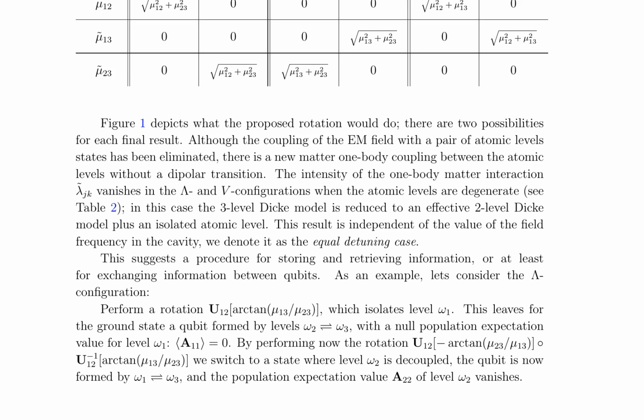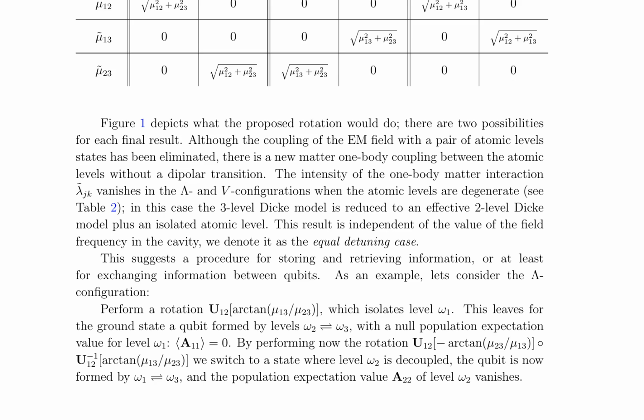Subsequent rotations can then be used to switch to a state where level omega-2 is decoupled, resulting in a qubit formed by omega-1 ⇌ omega-3, and the population expectation value A22 of level omega-2 vanishes.